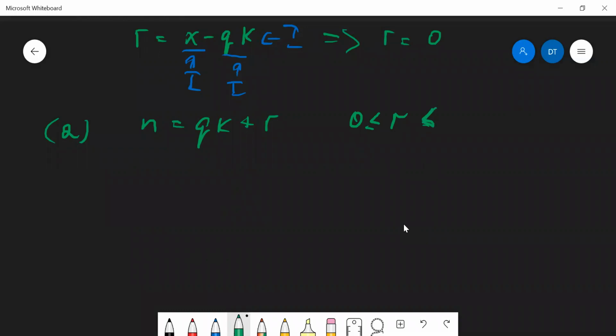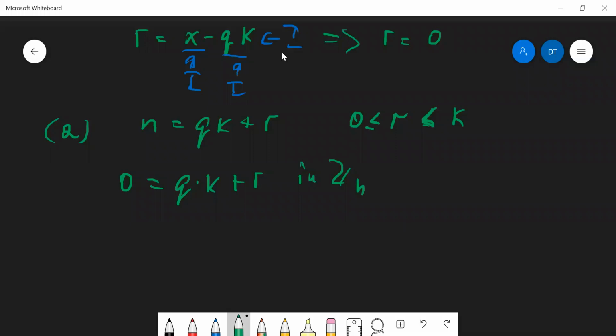As usual, we have this inequality: r is between 0 and k minus 1. And now let's consider this equality modulo n. In this case, it means that 0 equals q times k plus r in Zn.